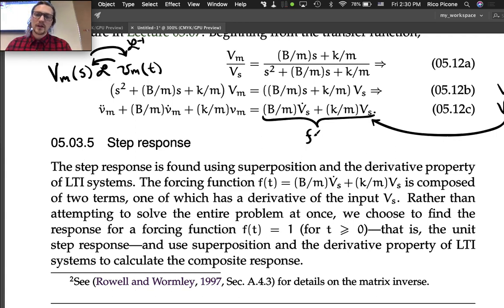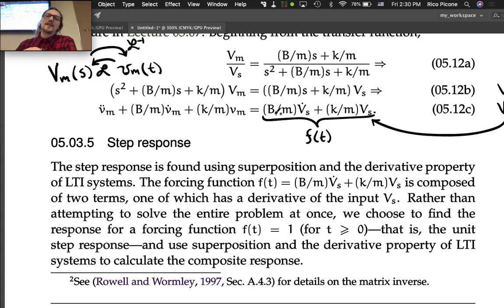The forcing function is f of t, is typically what we'll call it. It is this expression. It's composed of two terms, one of which has vs, and the left one has vs dot, the time derivative of vs. This is a somewhat complicated little expression, because we have a time derivative of a step input, which is actually the Dirac delta function.